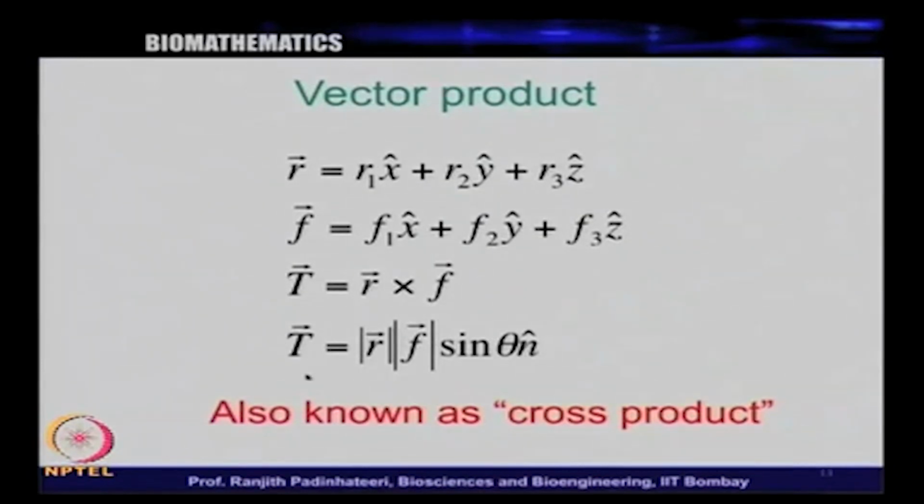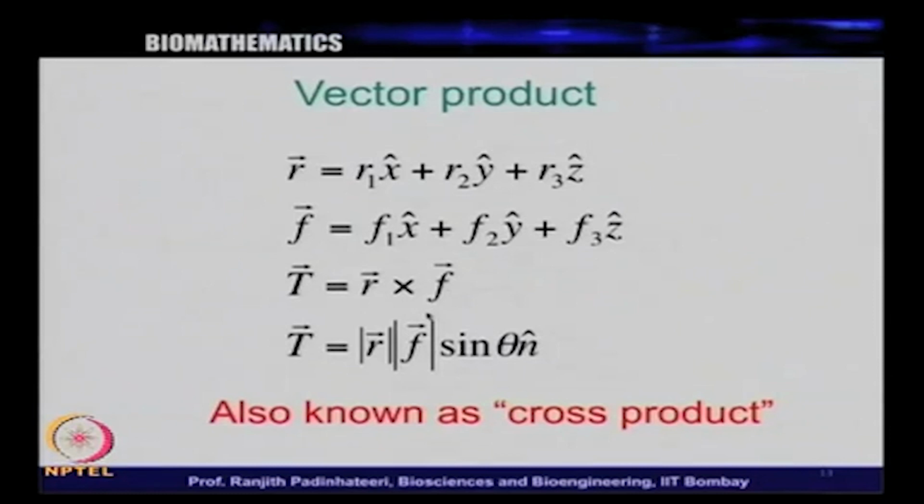Why is this resulting torque a vector? Because the answer is mod r mod F sin theta times n, where theta is the angle between them, and n is a unit vector representing the direction along which the torque will act. What is the direction of n? That we will discuss later, but n is a unit vector that represents the direction of this torque.